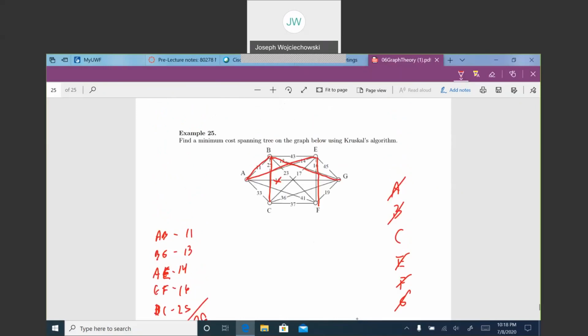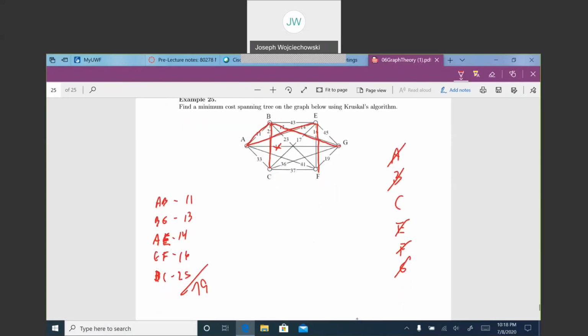Probably thinking, what are real world applications of this stuff? Besides the traveling salesman, which probably don't exist anymore for the most part. Well, think of this as a group of buildings, a college campus.